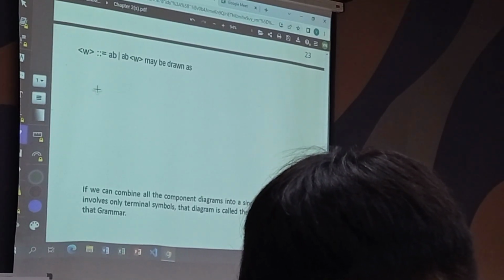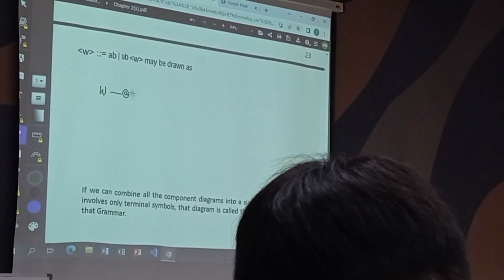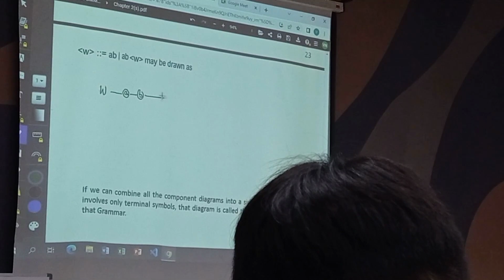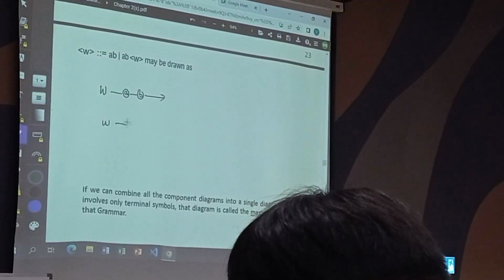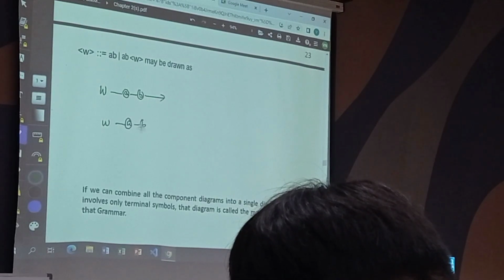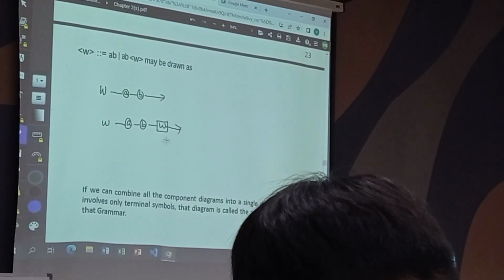Now for this you have a non-terminal here, substitute with AB, go to the right. Then another one is W, substitute with A, B, W, which is a non-terminal, then go to the right.